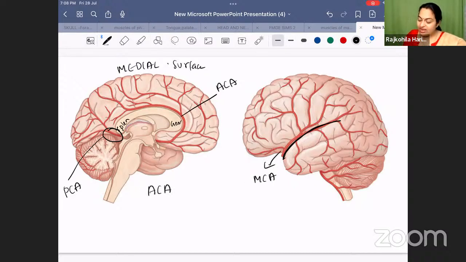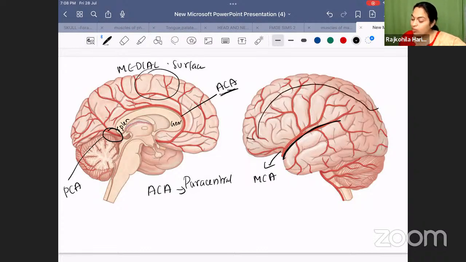The functional areas which are going to be supplied by the anterior cerebral artery, we had a case scenario, right? Yes, the paracentral lobule on the medial surface. And not only that, this anterior cerebral artery gives branches that supply the supralateral surface, the upper part.